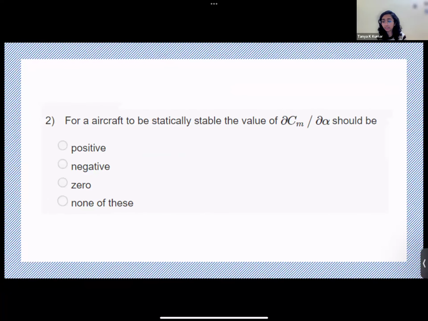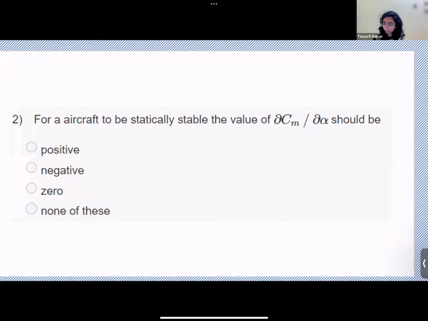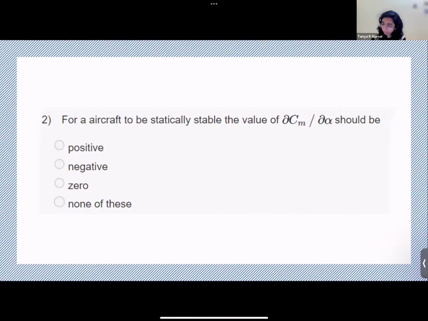Correct. For an aircraft to be statically stable, the value of dCm upon d alpha, which is nothing but Cm alpha, should be positive, negative, 0, or none of these. Negative, correct. Your pitching moment versus alpha curve is Cm versus alpha, something like this, right? If your aircraft is subject to a positive gust, it has a positive change in angle of attack.